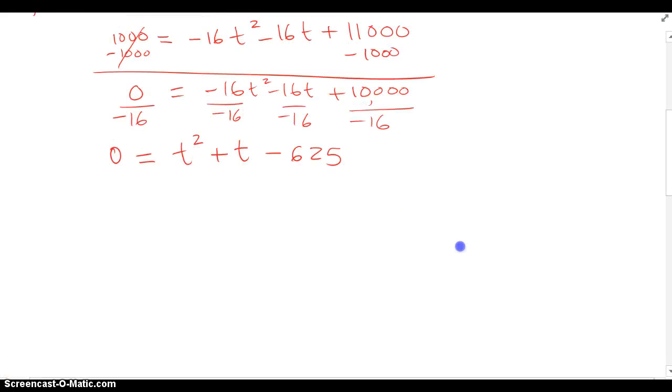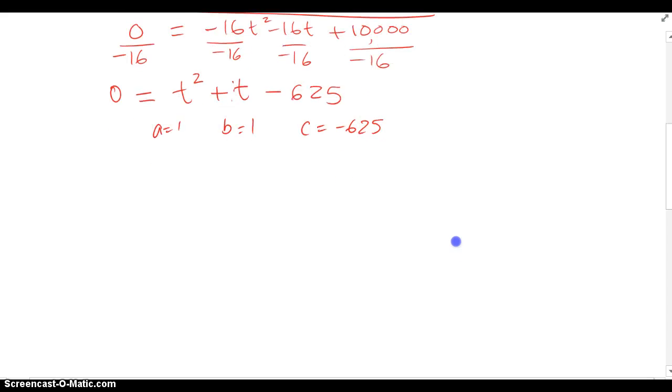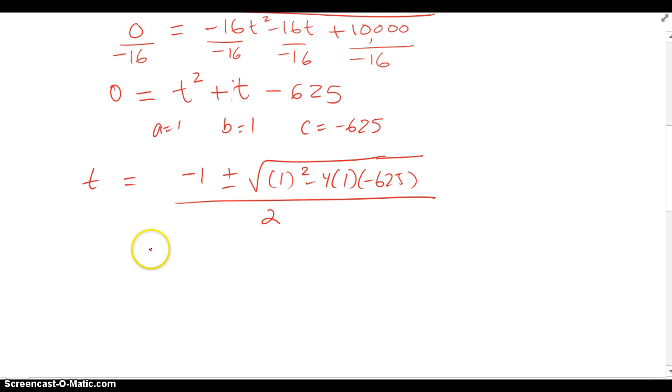So instead of spending time trying to factor this, since the number is sort of big, I'm going to say a is equal to 1, b is equal to 1, and c is equal to negative 625, and use the quadratic formula. So t will equal negative b plus or minus the square root of b squared minus 4ac, where a is 1 and c is negative 625, all over 2a, and a is 1 anyway.